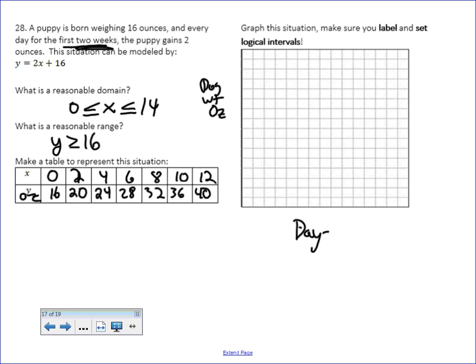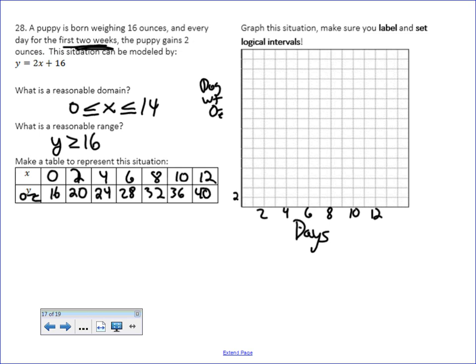We'll go 2, 4, 6, 8, 10, 12. And for ounces, we'll go 2, 4, 6, 8, 10. Oh, that's not going to work, because this top number has to be 40, doesn't it? So sometimes you got to play with these things, guys.